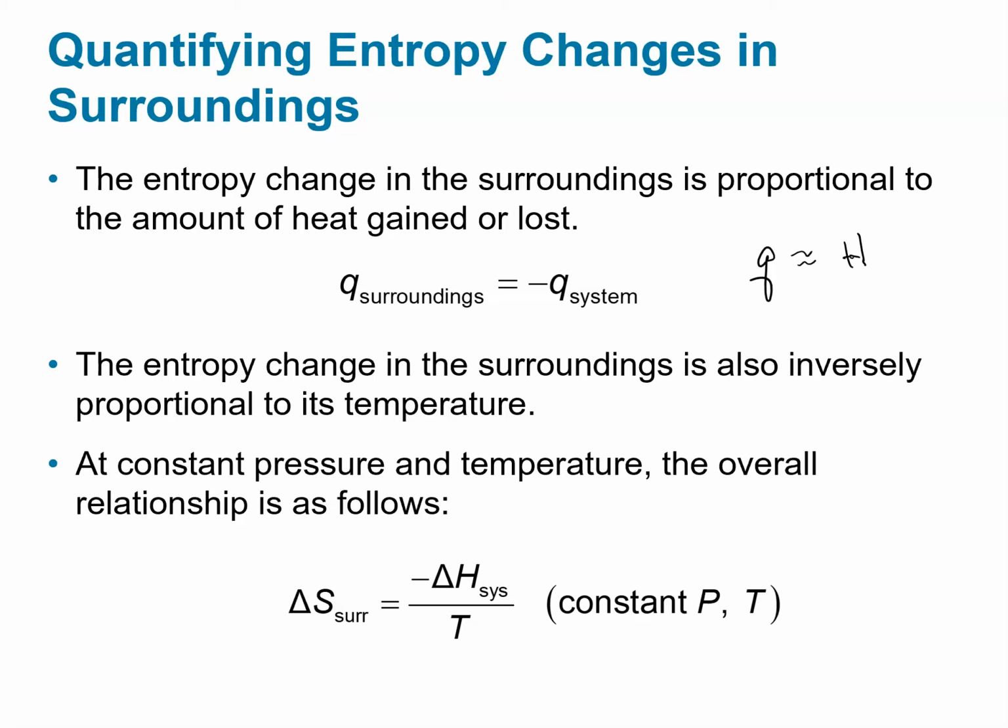So heat of the surroundings is going to be equal to the negative heat of the system, because the entropy change in the surroundings is proportional to the amount of heat gained or lost. So entropy change of the surroundings is also inversely proportional to temperature.